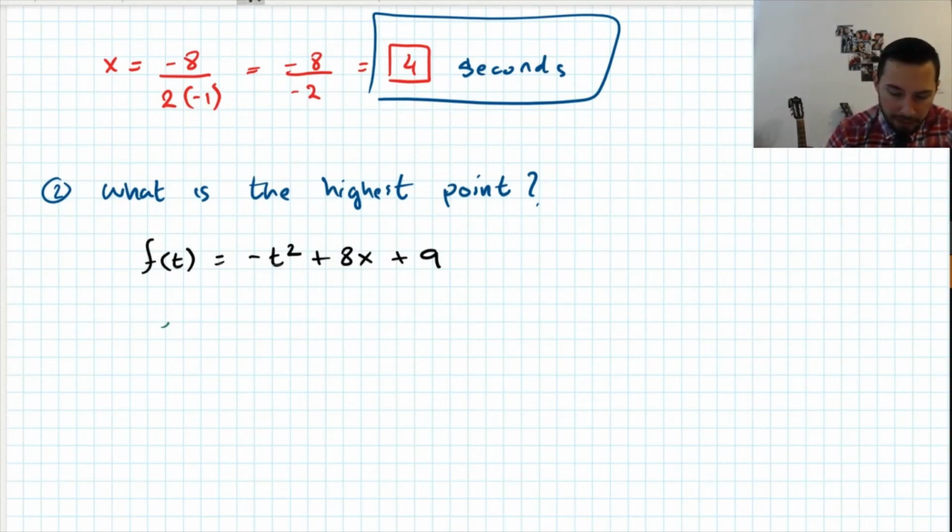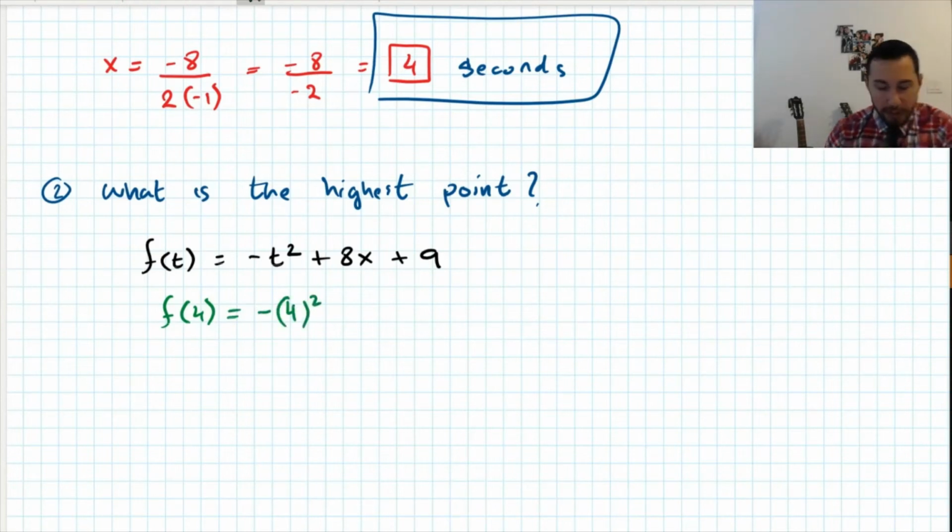So I'll have f of 4, right? So f of 4 seconds is equal to negative 4 squared. And this is exclusive. This is not telling me that the 4 is negative. This is telling me that whatever value comes from here is going to be negative. So this is 4 squared, and that's going to be negative, plus 8 times 4 plus 9.